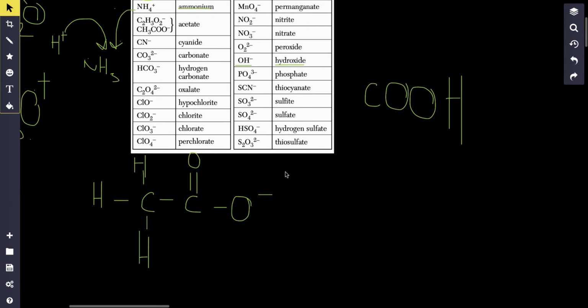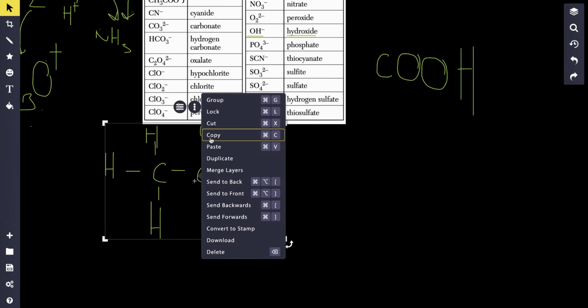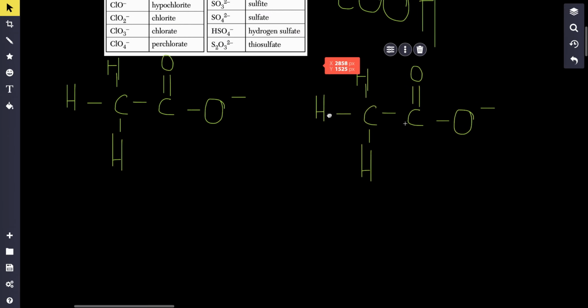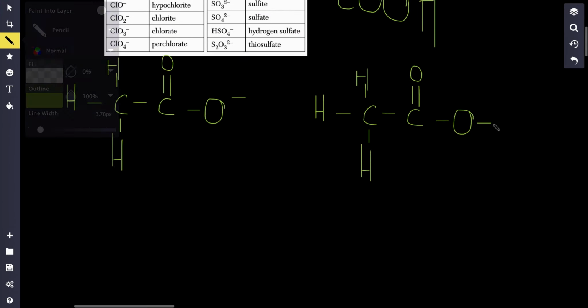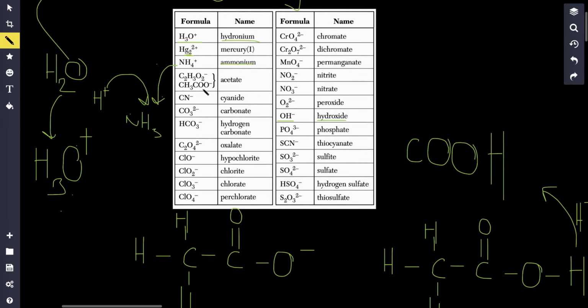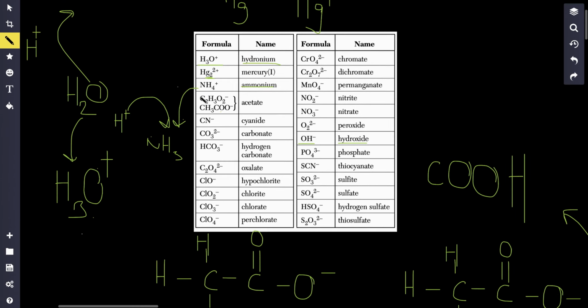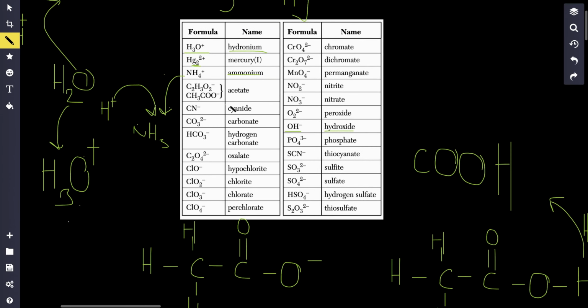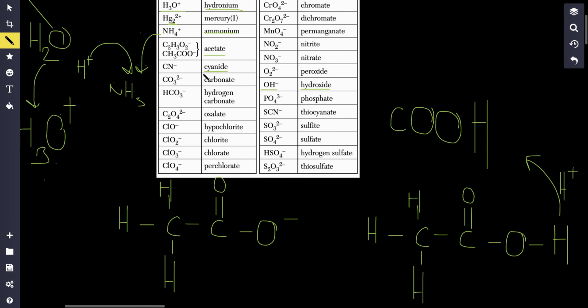Imagine if this oxygen was bonded to hydrogen. So you can see we have this COOH group, this carboxylic acid group. Now imagine if this carboxylic acid group lost an H+ ion. If you're losing positive charges, you're becoming more negative, and you lost the hydrogen that was originally there. So a lot of these, you can just memorize from acids and bases concepts.